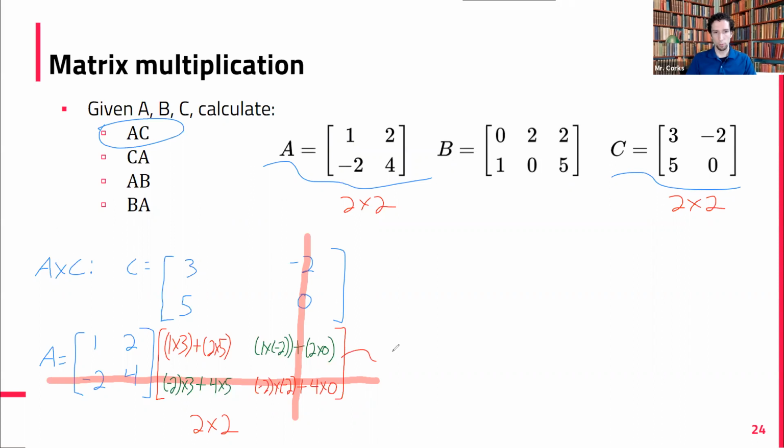Okay, so let's actually add these together. So our result then is, let's write this out, A times C. Don't need to write the X here.